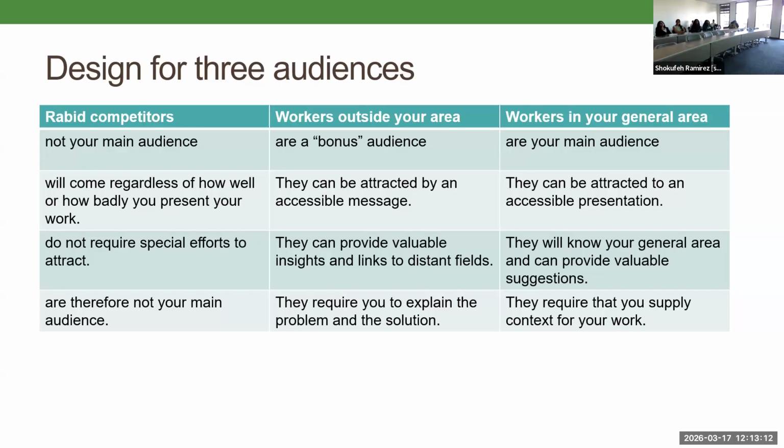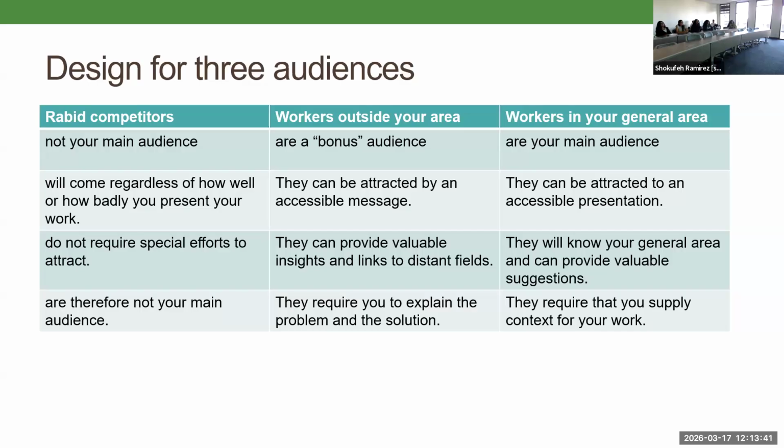We're competitors. So these are people who are doing something that is basically the same thing you're doing or super close. And so there's a sense of competition. They're going to come regardless of how well or how badly you present your work. They're just going to show up. And they're not your main audience, and I think in this case, you don't need to worry about that.